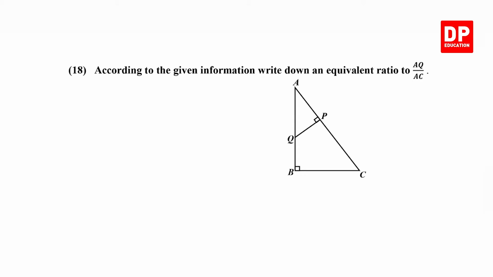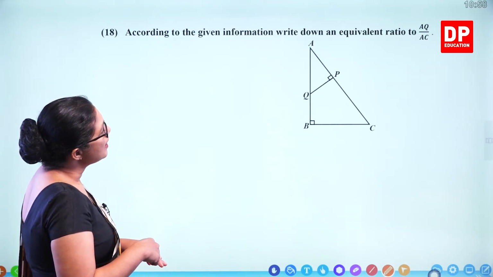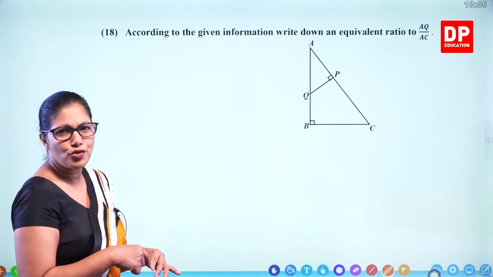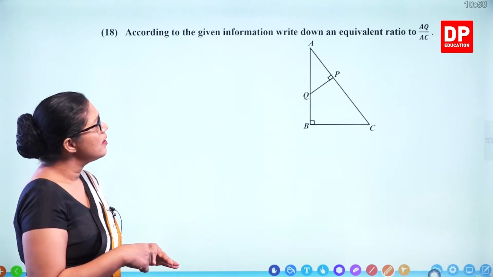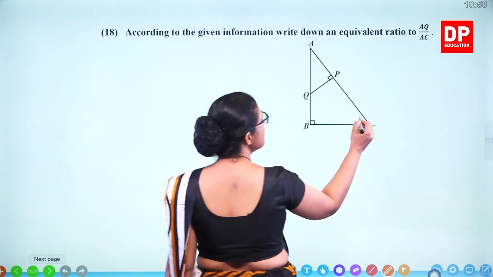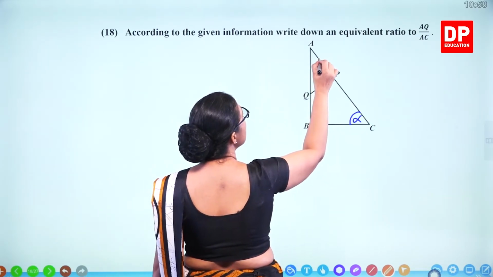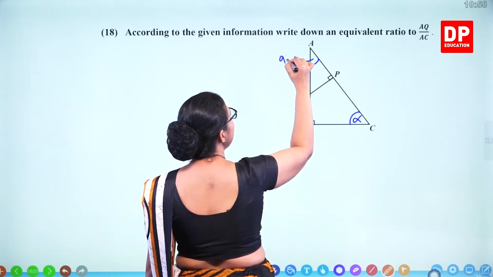Question number 18. According to the given information, write down an equivalent ratio to AQ to AC. So how do you do that? You have to check whether there are equiangular triangles. If this is alpha, this is 90, and this is 90 minus alpha here.